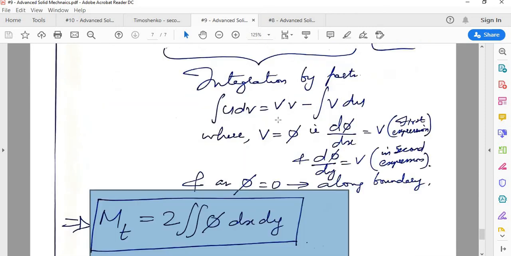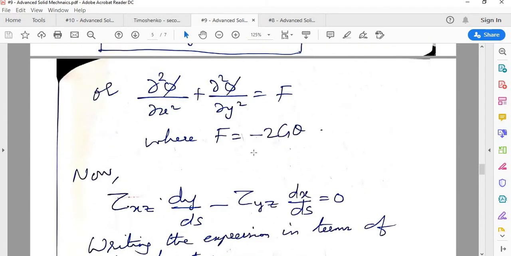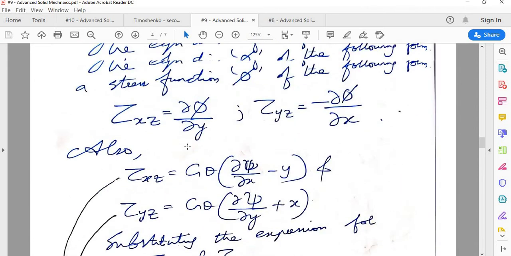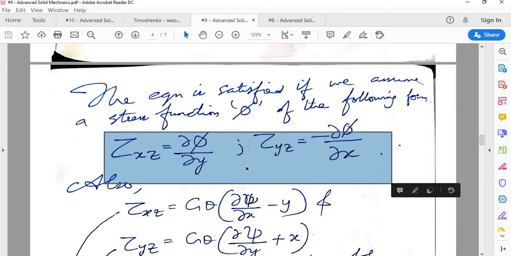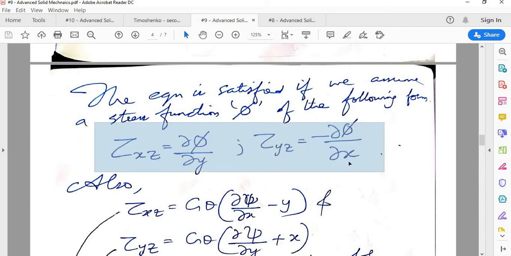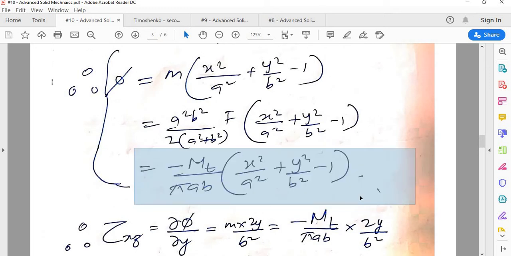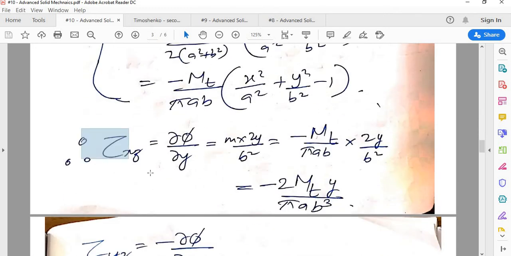In the last lecture we had written them in terms of the stress function in the following form, right? Tau xz equals dou phi by dou y and tau yz equals minus dou phi by dou x. So now that we know the stress function, this is the expression for the stress function, we can find out the stresses.